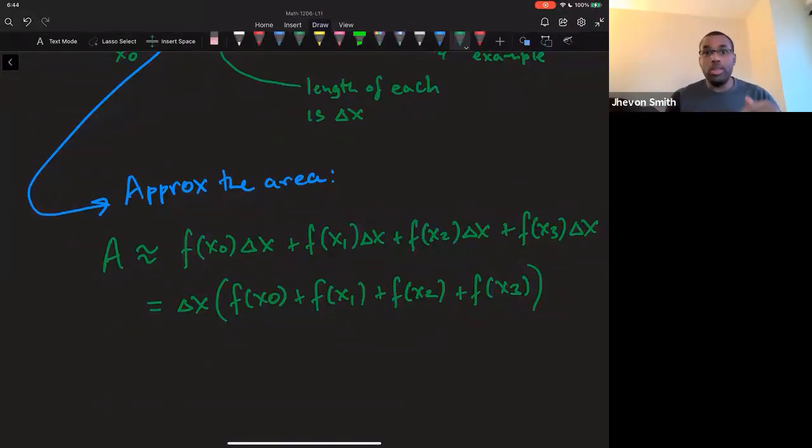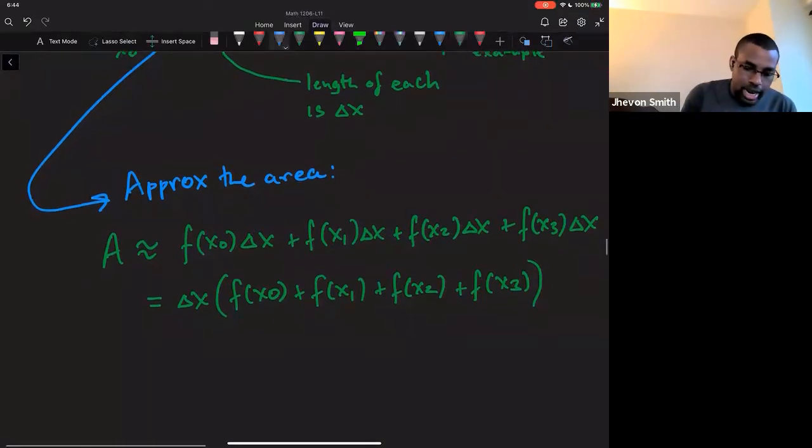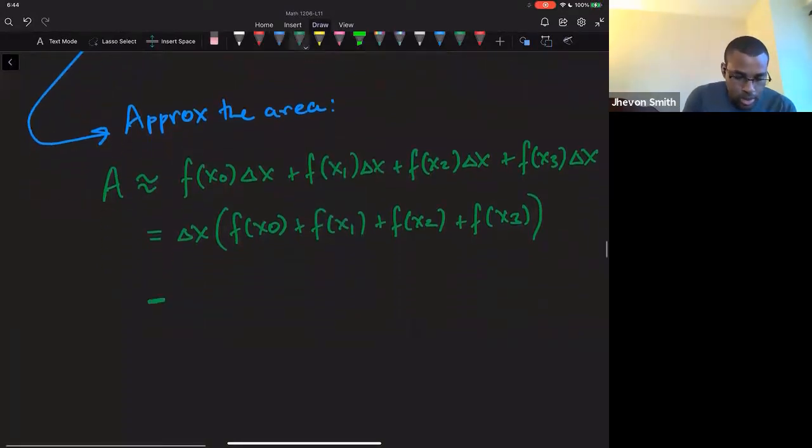Now, using what we've learned yesterday, we can write this a little bit more efficiently, because what this is, it's just adding up a bunch of things that have this form right here. So we can write this in summation notation using sigma notation. It's like I'm adding things that look like f of xi times delta x.